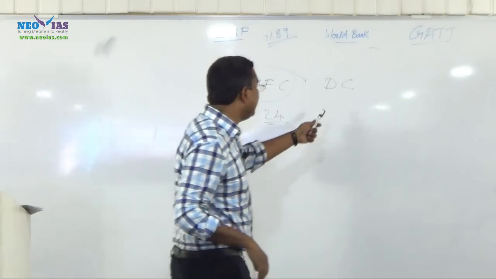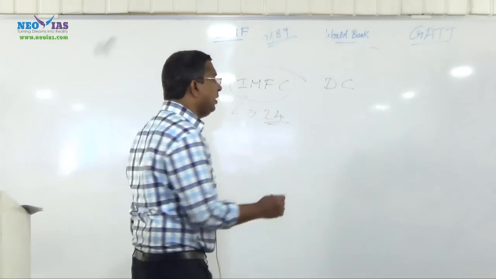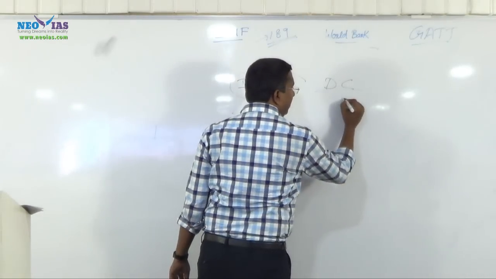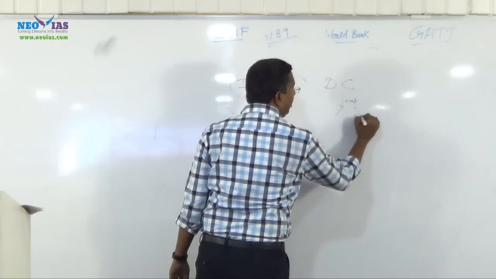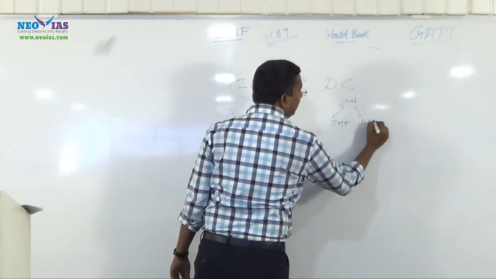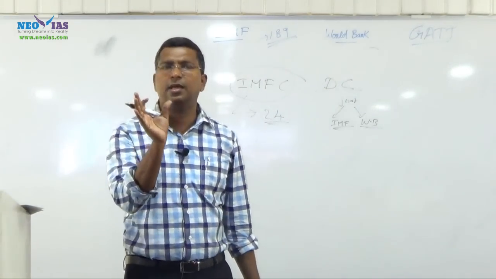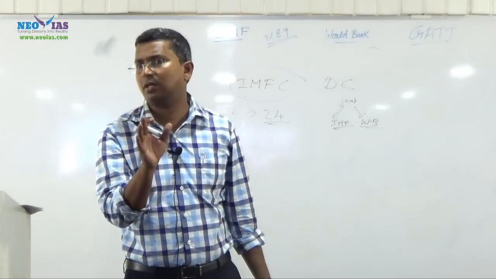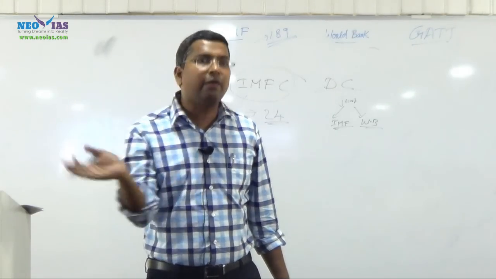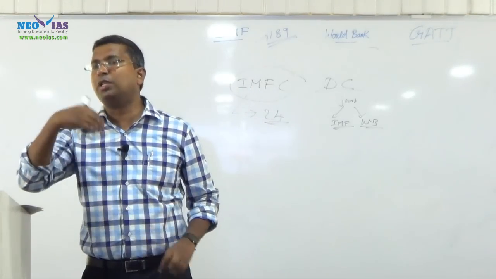Now regarding the Development Committee, it's a joint committee where IMF and World Bank governors will be there. And as the term suggests, this committee advises in relation to development, how global economic development throughout the globe can be achieved.